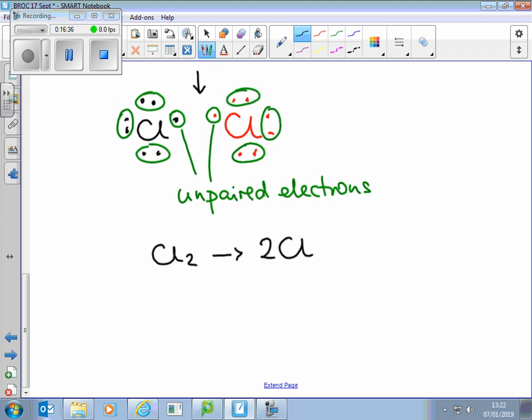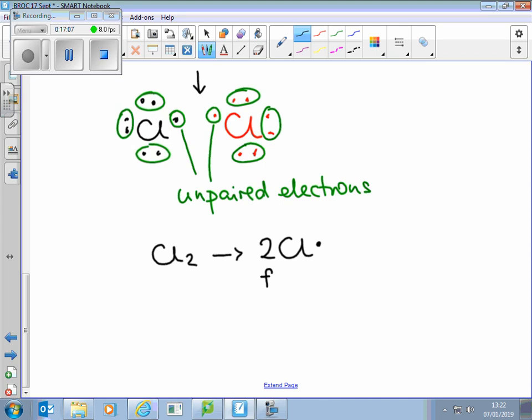We should represent that as free radicals rather than atoms, and it's usually drawn with a dot. Now the dot should really just go next to it. Yeah, there are ways, I think, but that dot represents the unpaired electron.